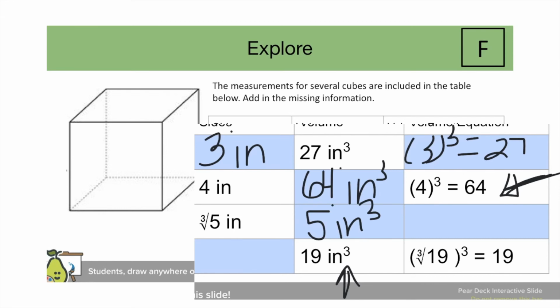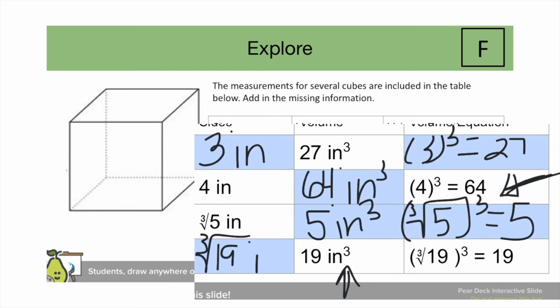And the volume equation is the cube root of 5, cubed, is equal to 5. For the last row, each of the sides are the cube root of 19 inches. So the volume is 19 inches cubed, and the volume equation is the cube root of 19, cubed, is equal to 19.